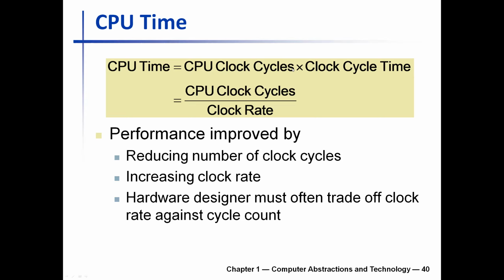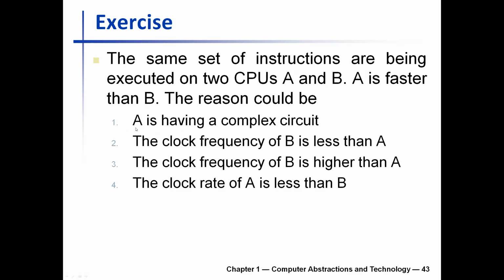If the time you save by reducing the number of clock cycles is a bigger factor compared to the time increased by having a longer clock cycle, then of course you would end up with better performance, an overall faster time. So yes, A can be a reason.